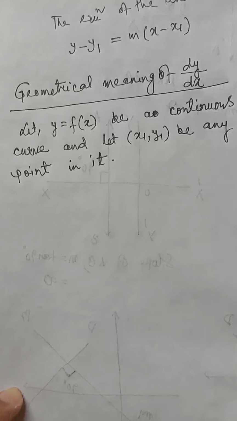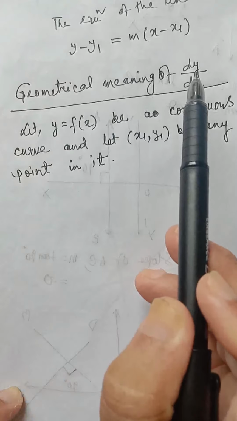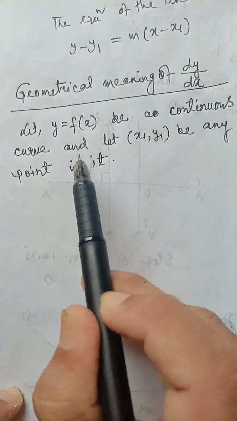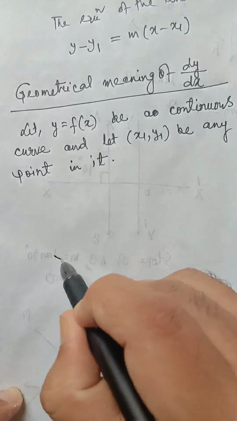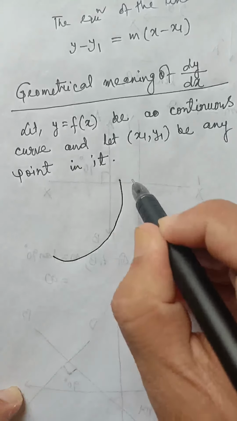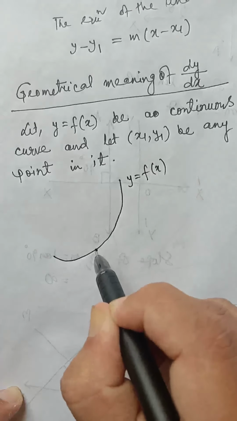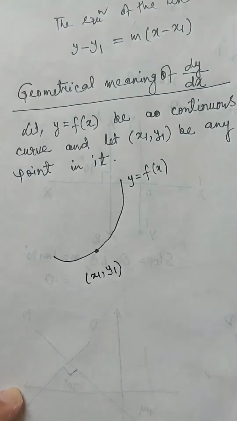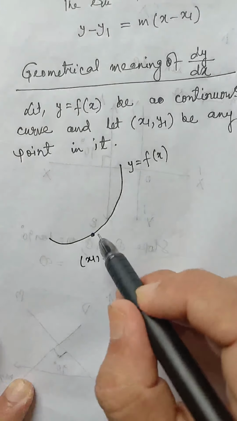Now I will explain the geometrical meaning of dy by dx. Suppose y equal to f of x is a continuous curve and let x1, y1 be any point on it. Suppose this is the graph of y equal to f of x.